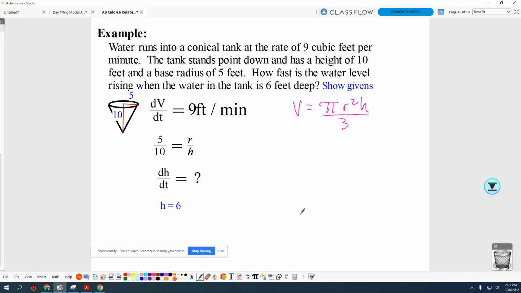All right, but really, we have this cone, point down. Water runs in, so the volume is changing at 9 cubic feet per minute, and the tank stands point down. The height is 10. The base is 5. How fast is the water level rising when the tank is 6 feet deep?